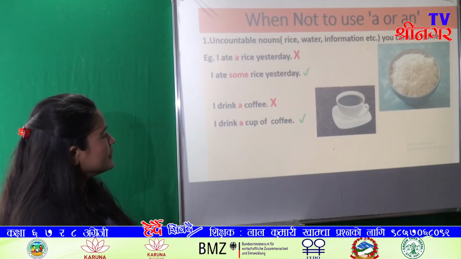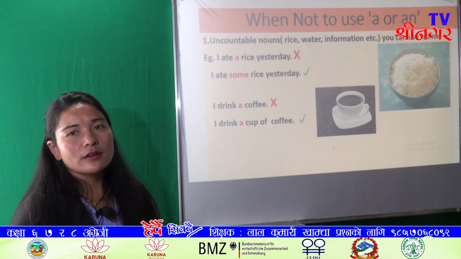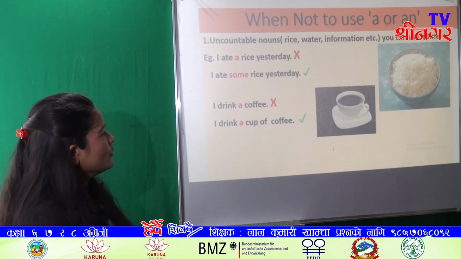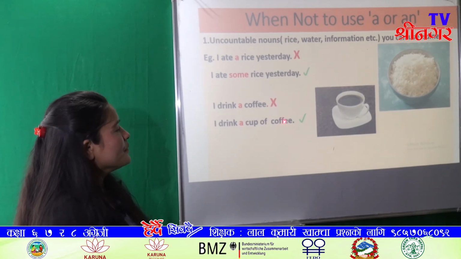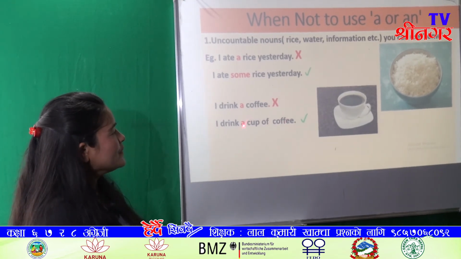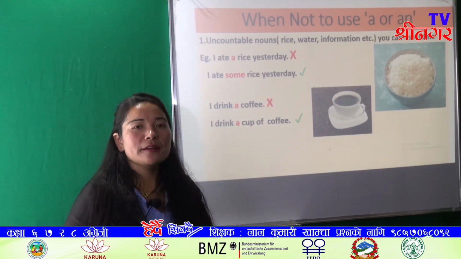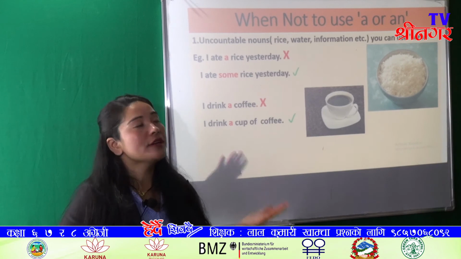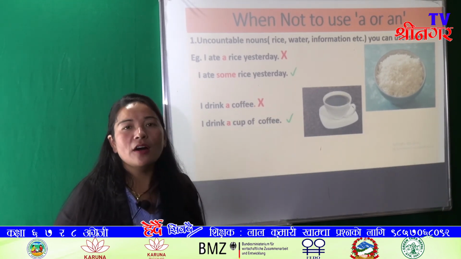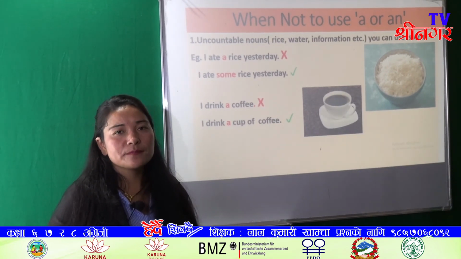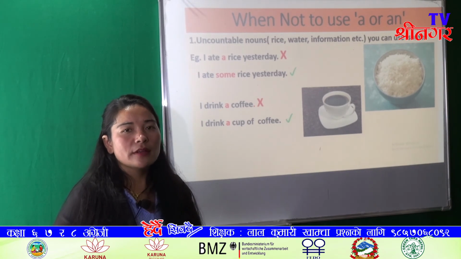And here, "I drink a cup of coffee." Why? Because this "a" is not used before coffee. Here it is used before cup, and you know cup is a classifier. Before a classifier we can use the article "a" or "an". Have you understood?